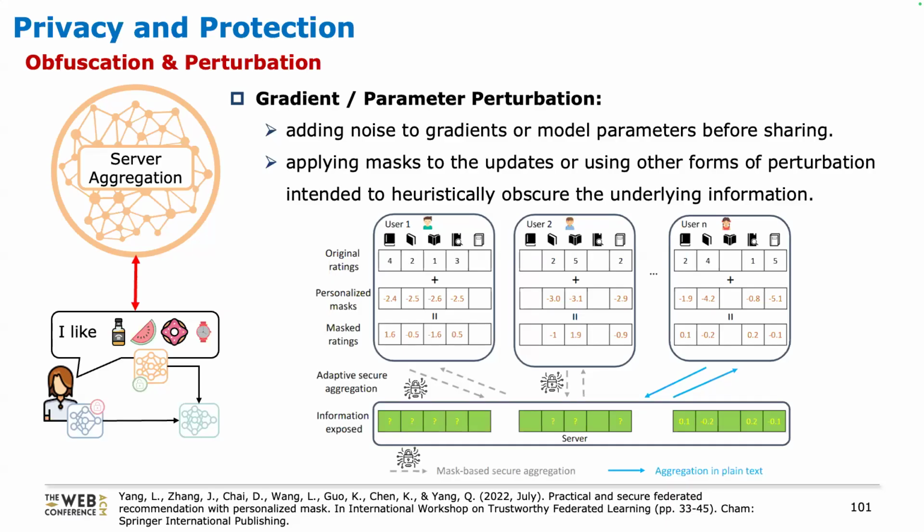This mask-based method is cheap to compute and saves bandwidth, but it's heuristic. There is no formal privacy bound, and a savvy attacker might eventually tease apart the noise. Still, for many applications, it strikes a good balance between efficiency and basic privacy protection.